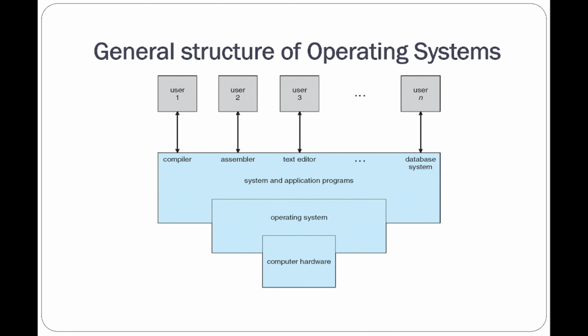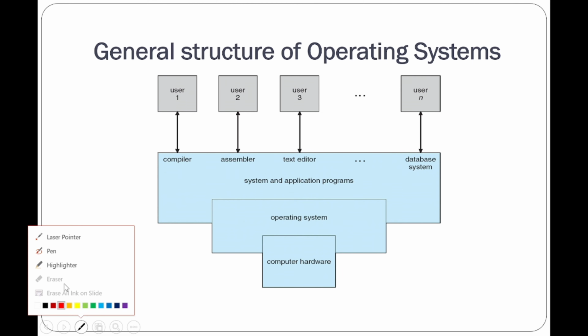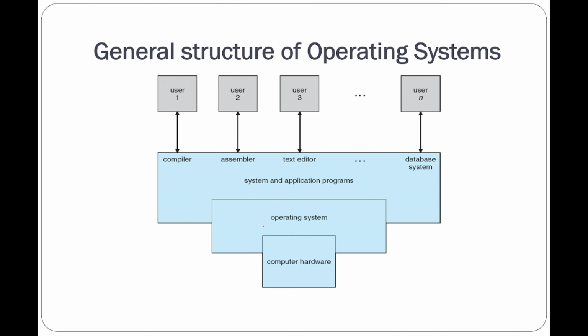The next thing is, up till now we have seen what is operating system in a very brief manner, right? But let us study the basics of operating system by understanding the basic structure or the abstract view of a computer system, right? So you can see over here that operating system is a very essential part which is lying in between the computer hardware and the other application software.